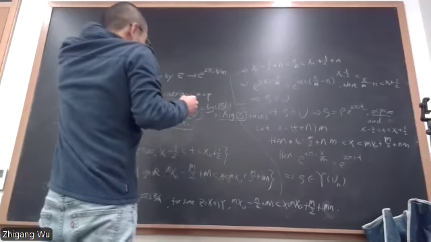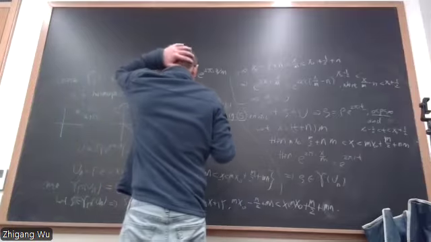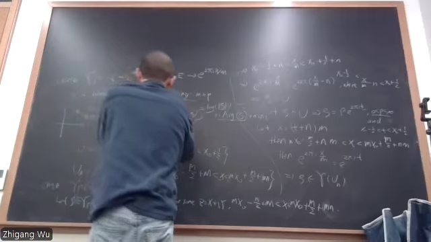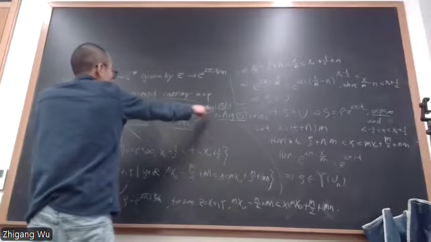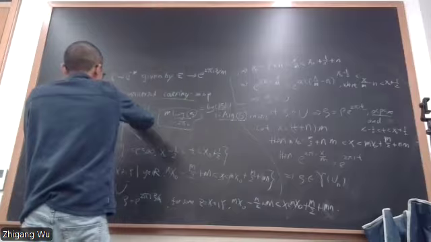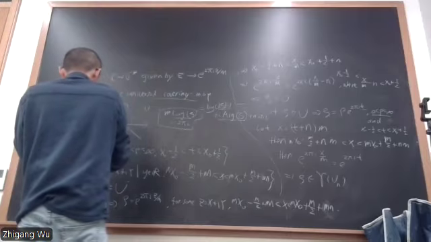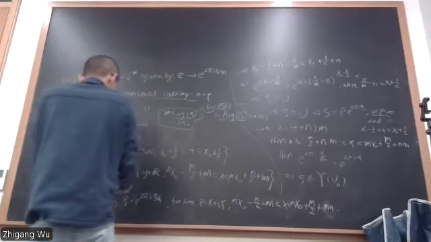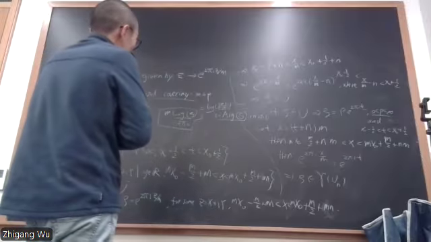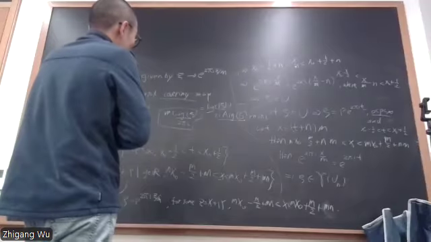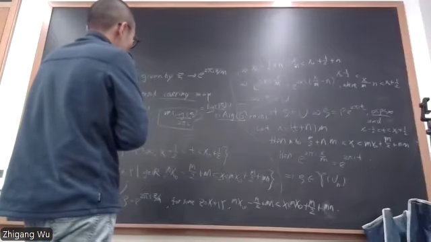So what do I want to show? I want to show that if you pick the branch to be that guy, then this image will get you the U_n, right? Okay, so why?